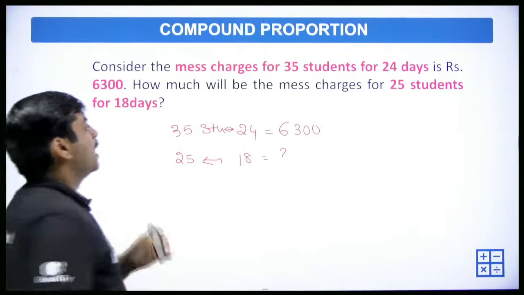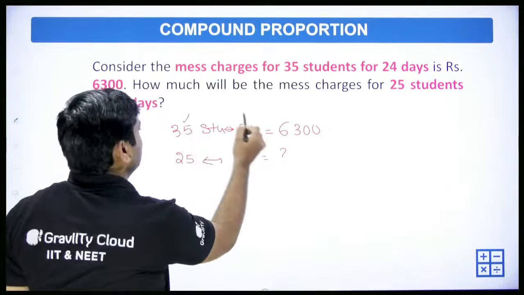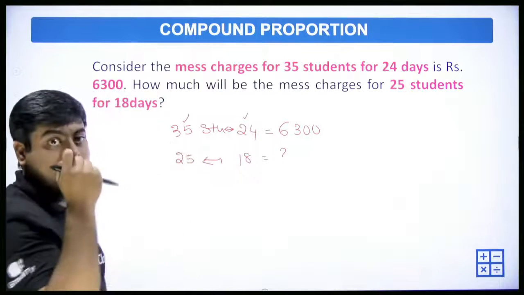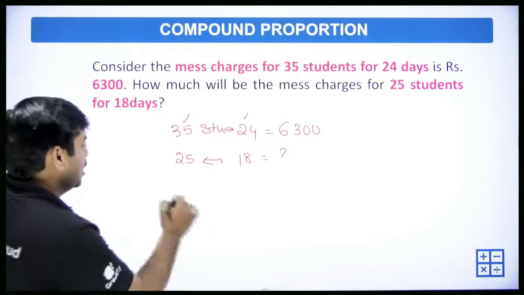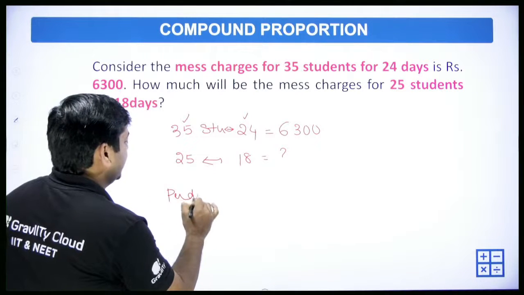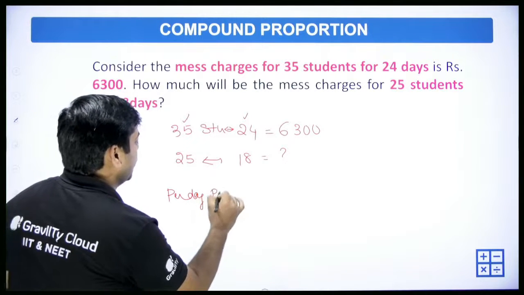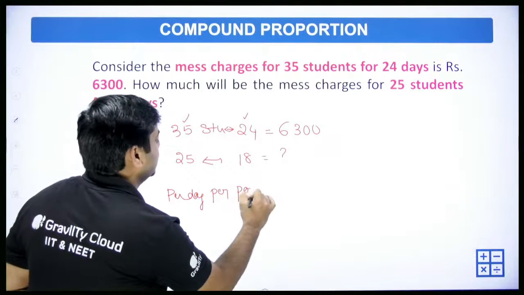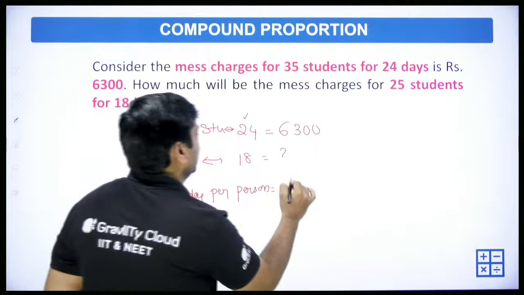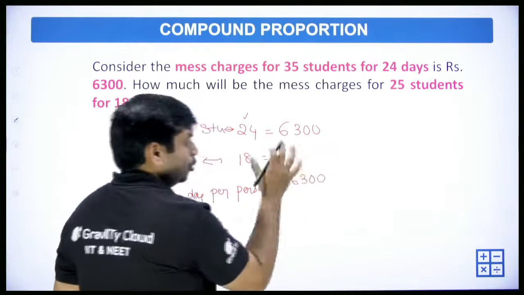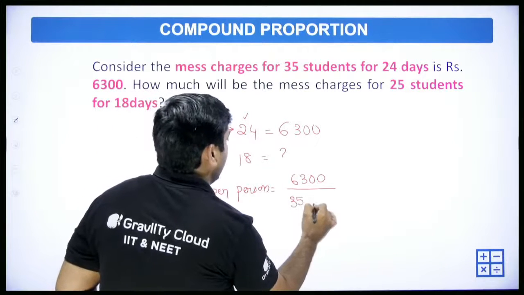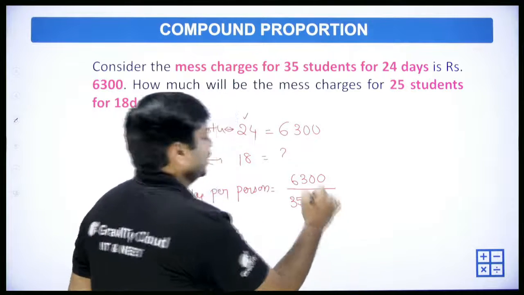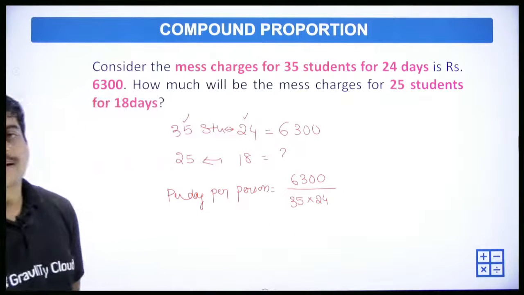As we have 35 students and each student is having 24 days, per person we need to spend 6,300, the total cost, divided by 35 students and 24 days a month.